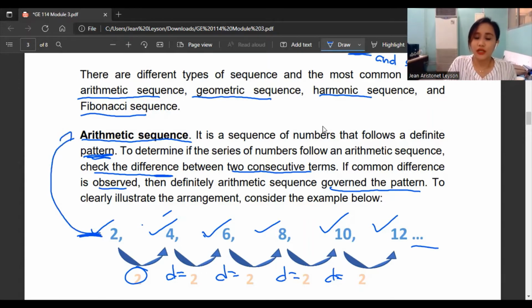So, take note, an arithmetic sequence has what we call a common difference denoted by the lowercase letter d. I hope that's clear. I'll give an example.